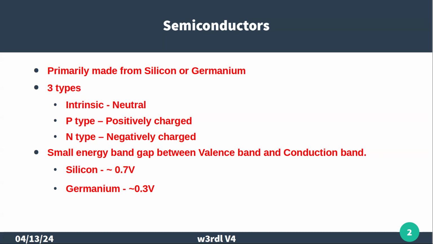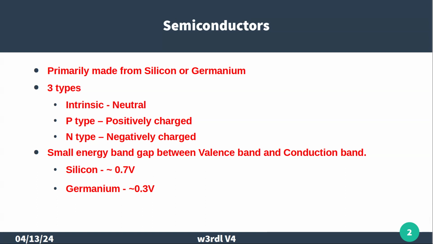You have your pure silicon, which we call intrinsic, which has four valence electrons. So it's classed as a semiconductor. In its pure state, it's actually pretty much an insulator.